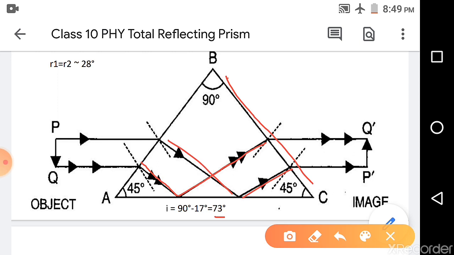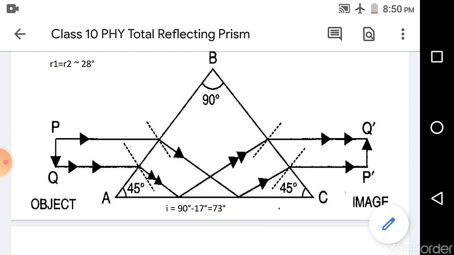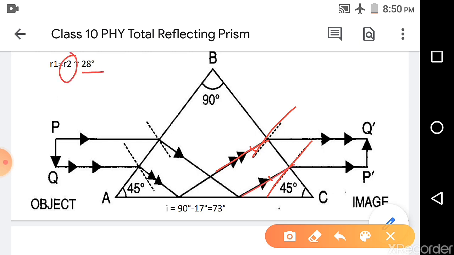When they are incident on the surface BC, see, this angle again is 28 degrees, by which they are incident on the surface BC. This is R2, taken as nearly 28 degrees. So the light ray is now emerging out from this glass material to air. So there is a refraction of light.